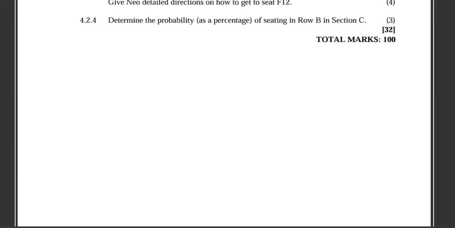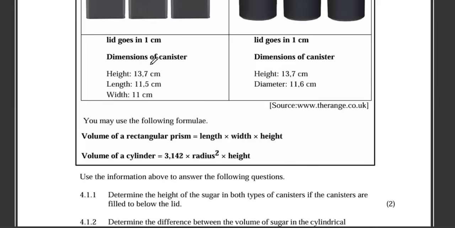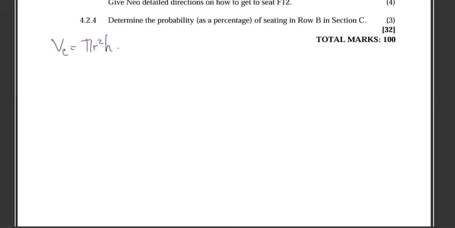I'll start with the cylindrical one. Volume of a cylinder becomes pi r squared h. You see that? So we shall ask ourselves, what do we have in this scenario? The cylindrical one, what's the diameter? So we need r. So our r here is going to be 11.6 divided by 2, which became 5.8.